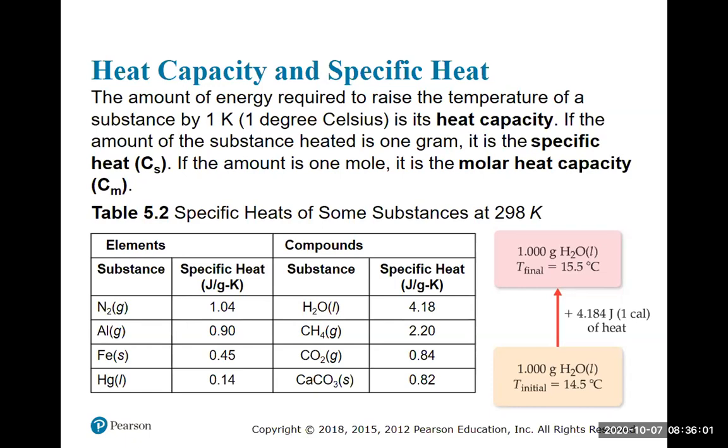So there's 3 ways that we express this. For the whole substance, there's heat capacity, which is how much energy it takes to make it change by 1 degree Kelvin or Celsius. Then you can express that on a per gram basis, which is specific heat, the C with the subscript s, or on a molar basis, which is the C subscript m. So it's really done all the different ways.